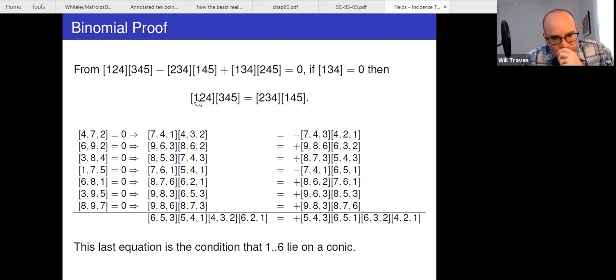For instance, if you try to prove Pascal's theorem, remember, we had a whole bunch of collinear points, right? We had lots of triples of points being collinear. And so they give us an equality of some bracket monomials. And then if you take all these brackets here and multiply them together, and take all these brackets here and multiply them together, you get something that's equal.